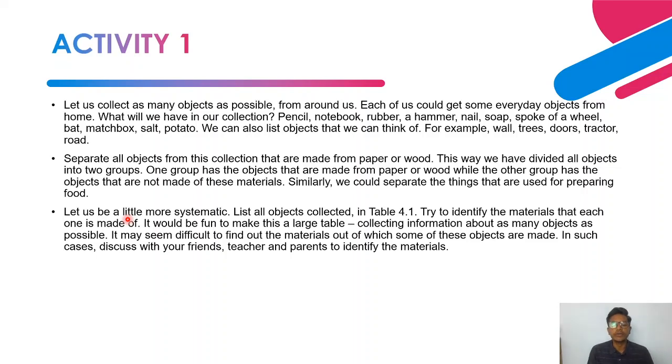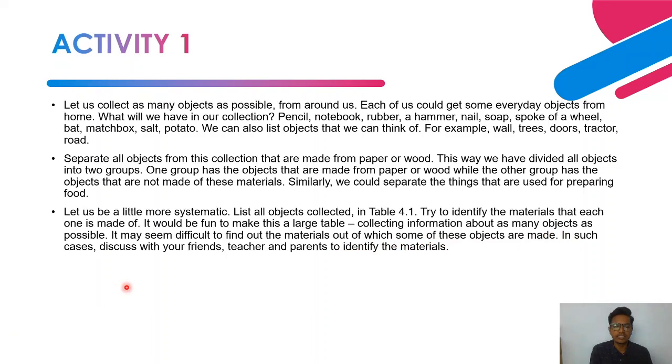What you have to do in 4.1 is list all the objects you can imagine or you can see around you. Collecting information about as many objects as possible, it may seem difficult to find out the materials out of which some of these objects are made.